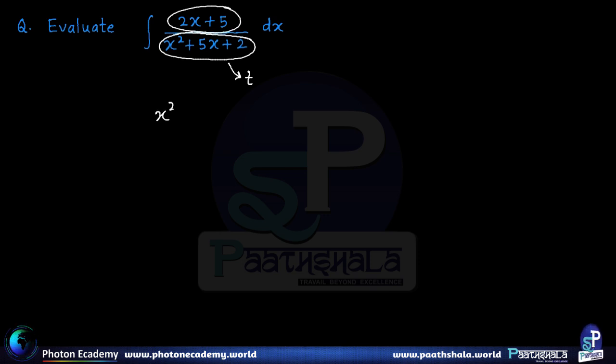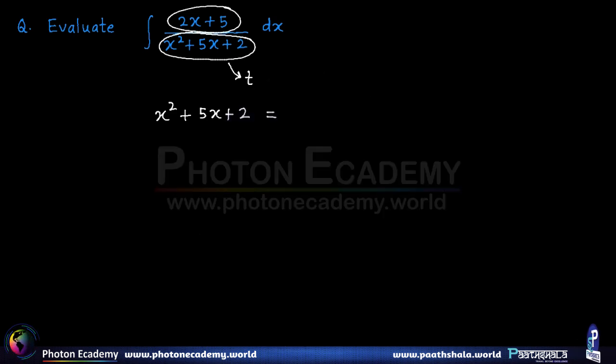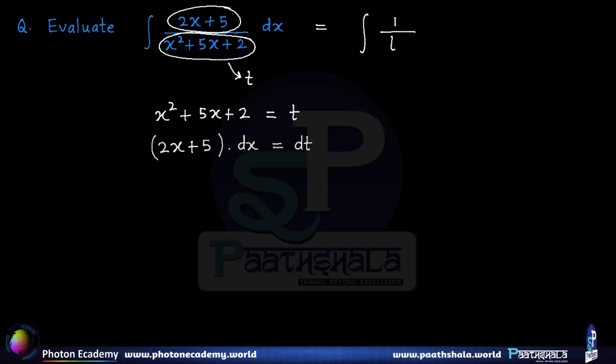So if we call x square plus 5x plus 2 as t, then 2x plus 5 dx is nothing but dt. So our integral is nothing but 1 upon t dt, correct?